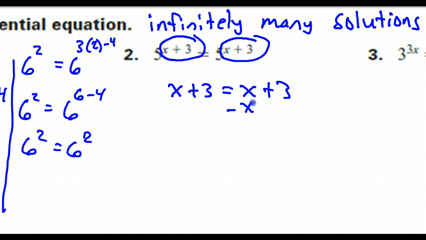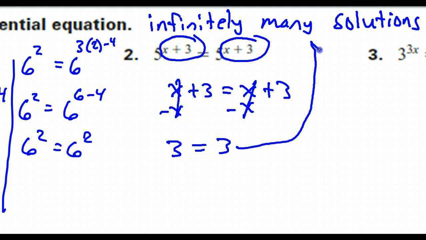If you were to follow through and try to solve for x, all of these x's would cancel out, and you'd be left with 3 equals 3. Again, when you see this, that means infinitely many solutions. If this had turned out to be a false statement, like 3 equals 0 or something like that, this would mean no solution.